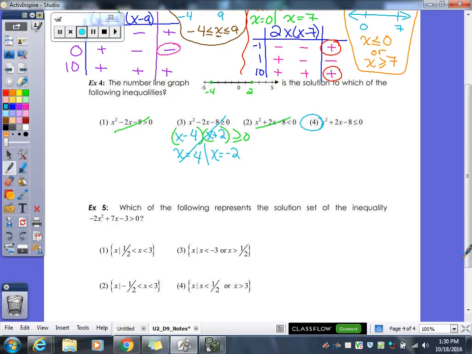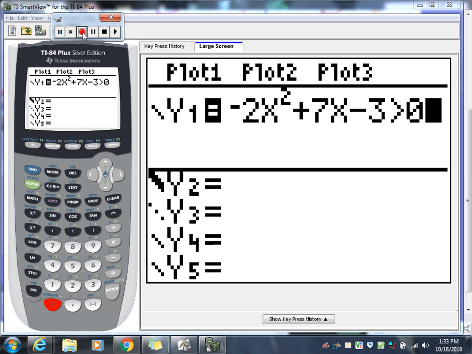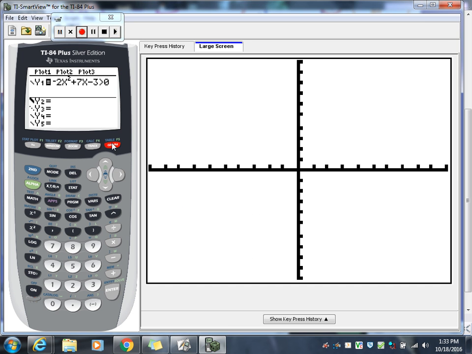So I want you guys to try number 5. Which of the following represents the solution set of the inequality given here? Let's have you try doing it in your calculator again, see if you can find it. So when we go to look at the graph of this, you should get the little line above the x-axis here.